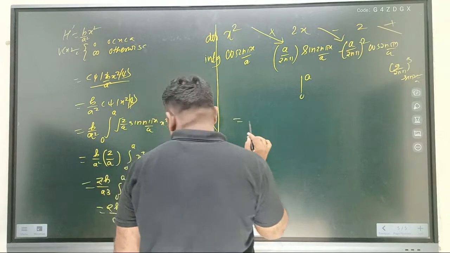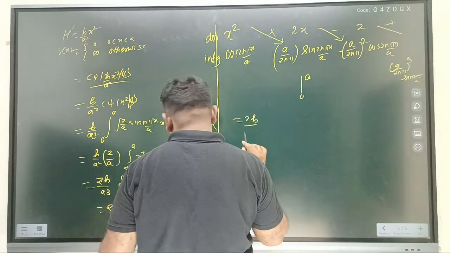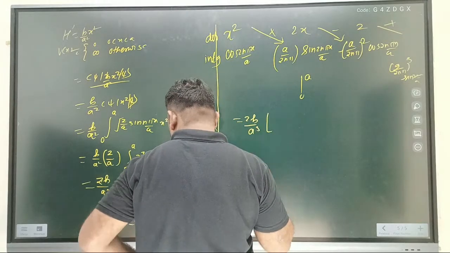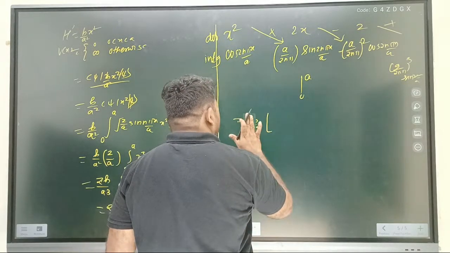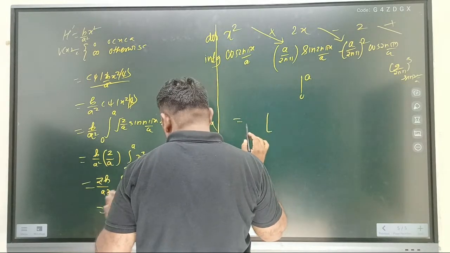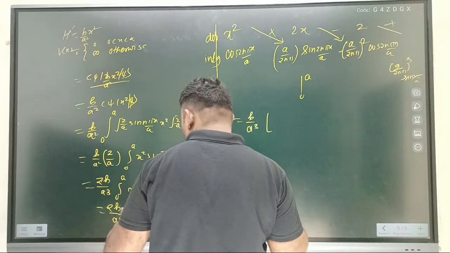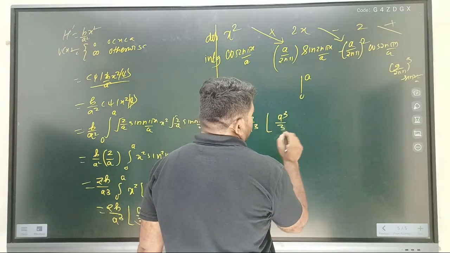This is equal to how much then? This is equal to 2b upon a to the power 3, multiplied by a to the power 3 divided by 3, minus... Don't write this 2 here; the 2 gets cancelled. So it is b upon a to the power 3, times a to the power 3 upon 3, minus.